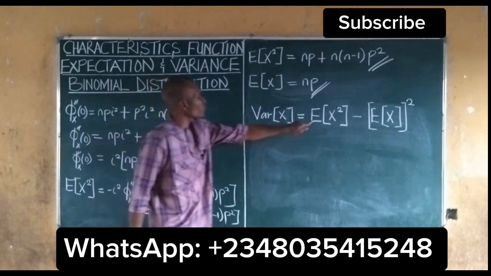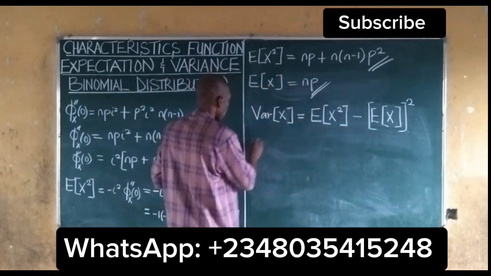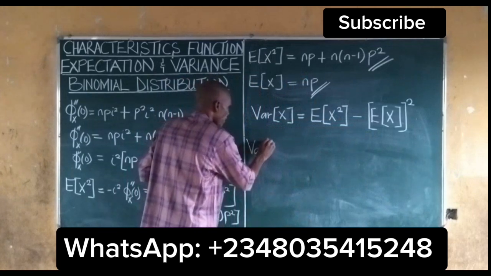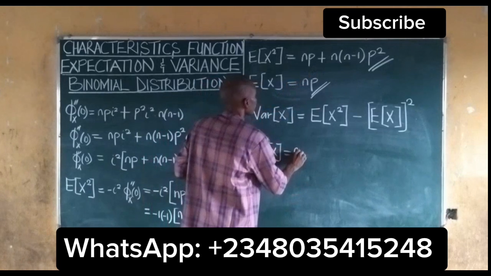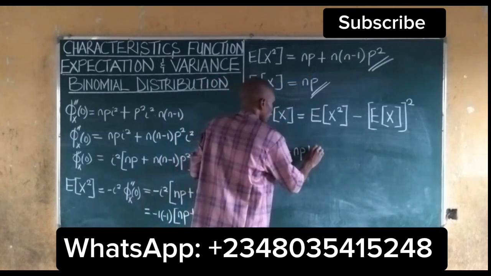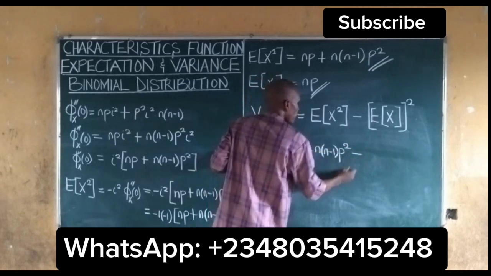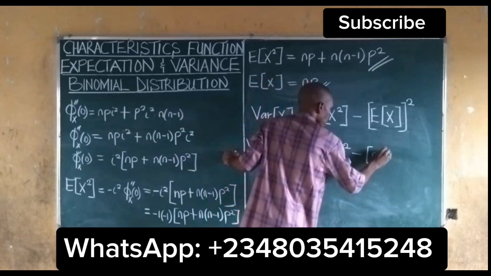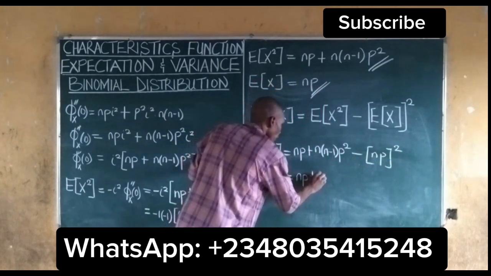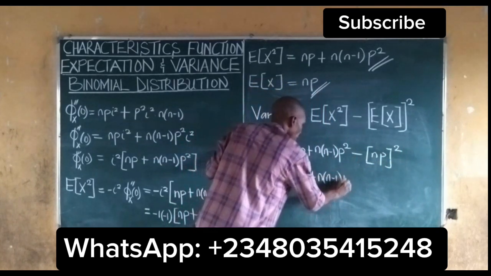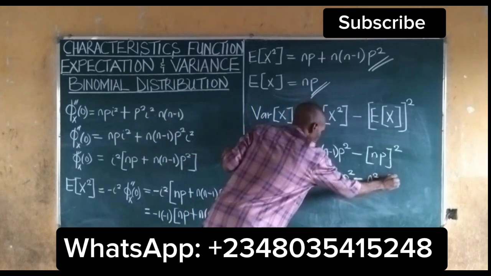So the next thing to do is just to substitute these values here. By substitution, we have our variance of x equal to np plus n into n minus 1 p squared minus np all squared, which is the same thing as np plus n into n minus 1 p squared minus n squared p squared.